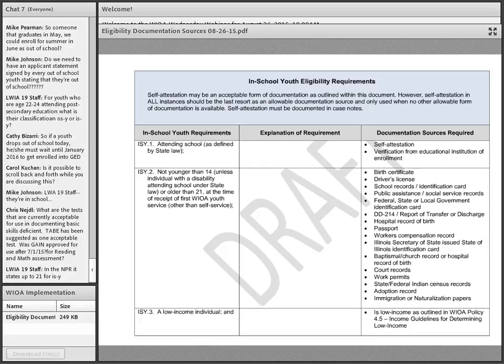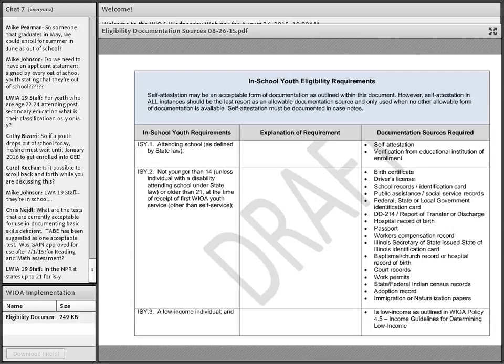Also, if your career planner checks yes to the English language learner question, it's going to determine basic skills deficient also, because English language learner is a criterion under in-school youth. It also works the same for the adults, regressing back to adult basic skills deficient. If a client under the adult funding stream answers yes to English language learner, they're going to be determined adult basic skills deficient. So I should have brought that up back then.